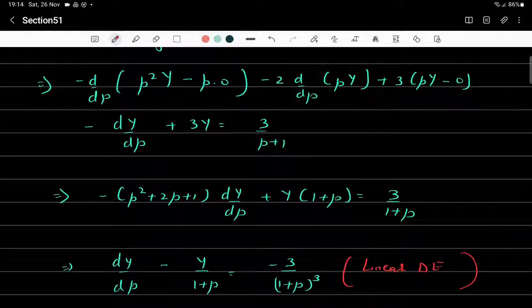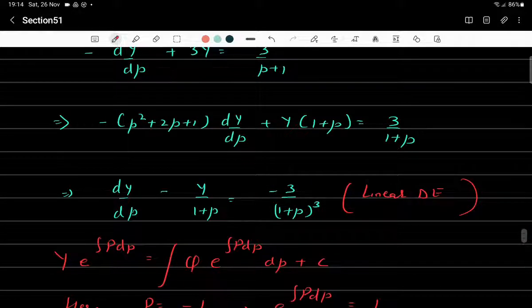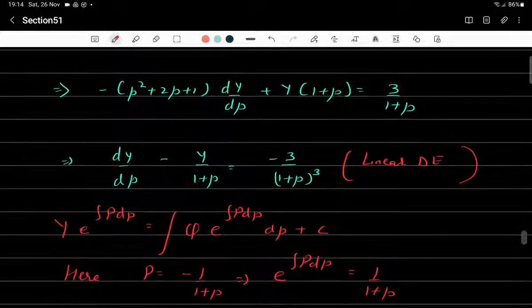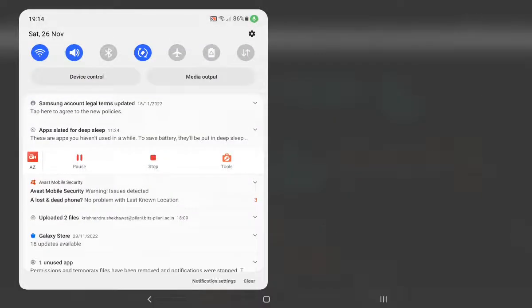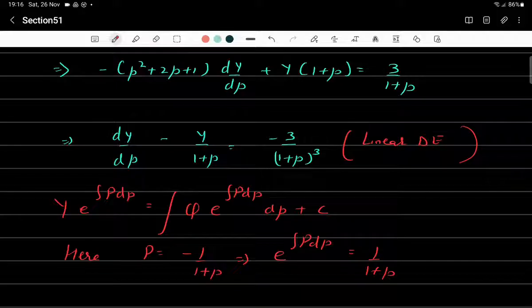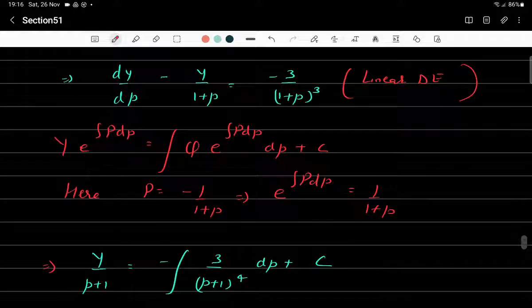Now we already know the solution of a first order linear differential equation. I have already mentioned it here. So now for this, the integrating factor comes out to be 1 by 1 plus p, and if you substitute the values, then this is how it looks. Now I already know the integration of 3 by 1 plus p raised to the power 4.